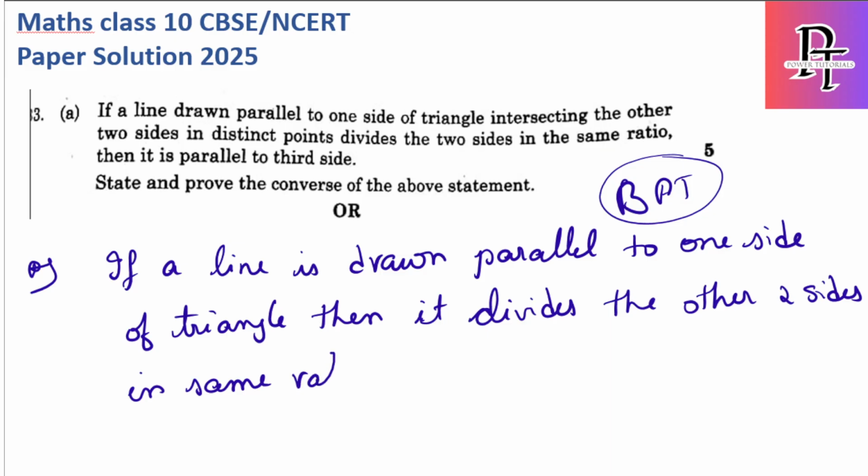So this line itself will carry 1.5 to 2 marks. Okay, this is important because they clearly mention state and prove. They are not asking only to prove. State, this is the statement. Now we have to prove it. Okay, this statement carries 1.5 to 2 marks. So let's prove it.